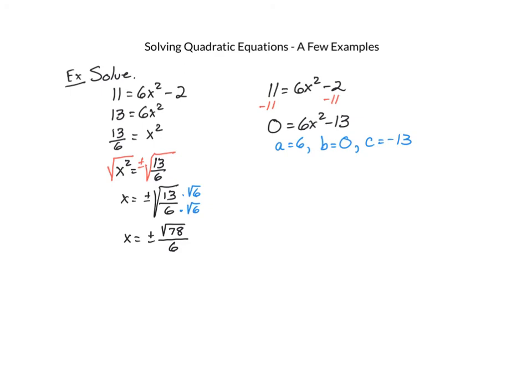Let's do one last problem. And it will be this. Solve 4x times the quantity x plus 1 minus 7 times the quantity 2x minus 1 equals 2.